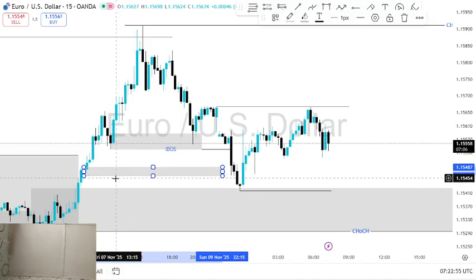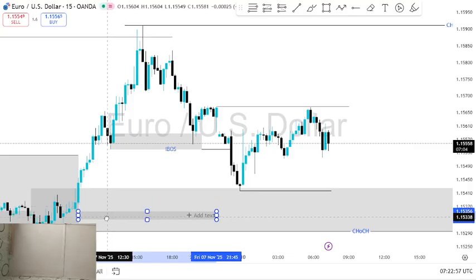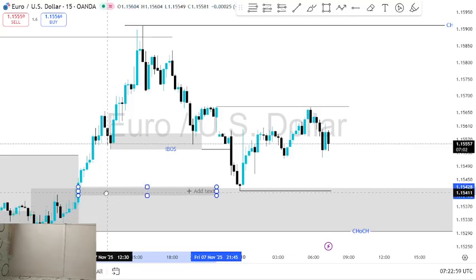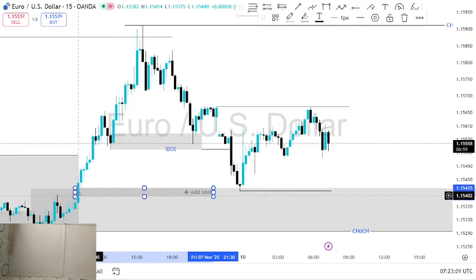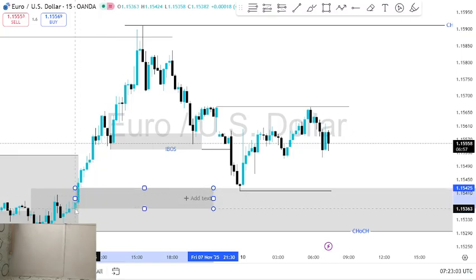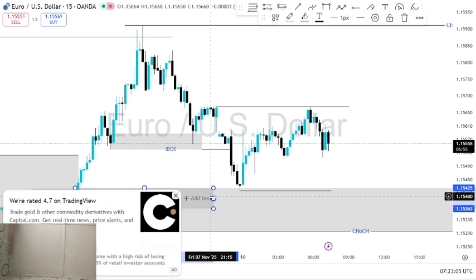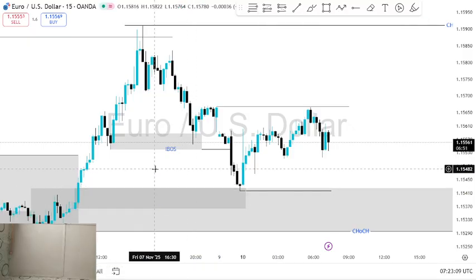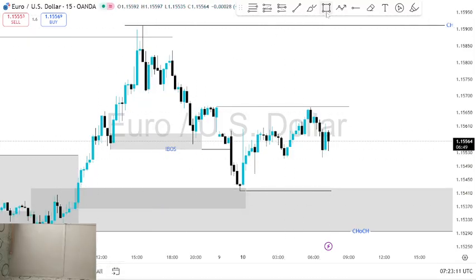All of these zones have been liquidated, and now price turned around from this zone. Aside this one, all of these zones have been mitigated.